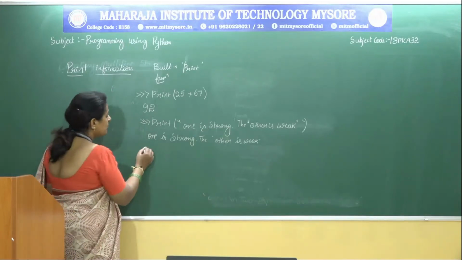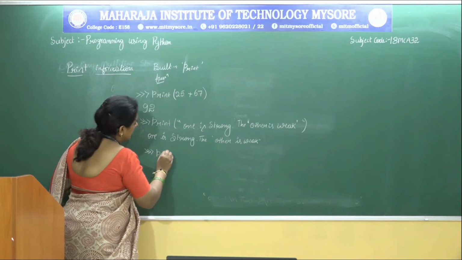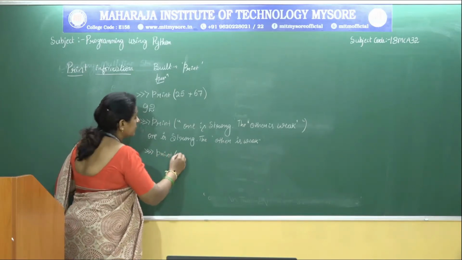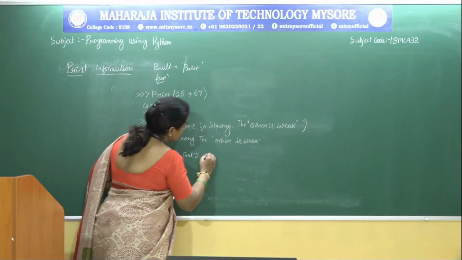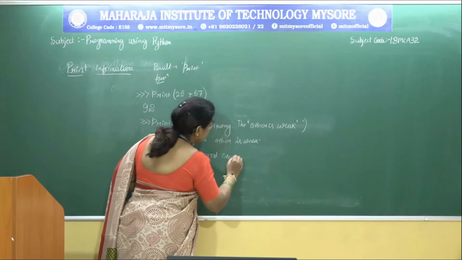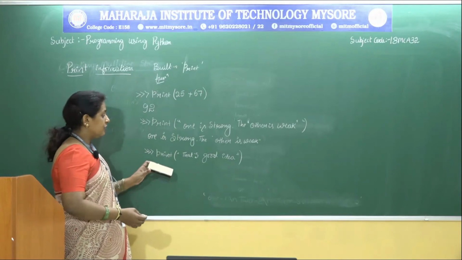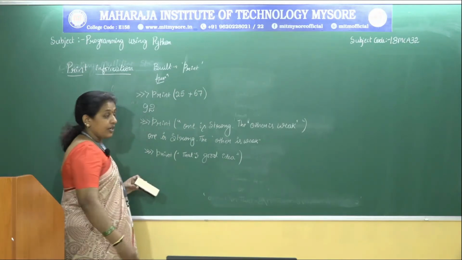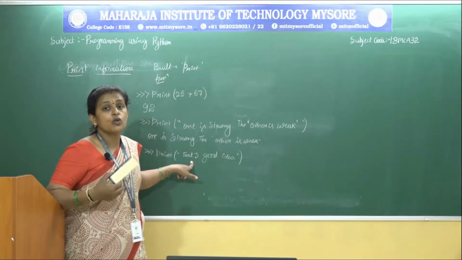So let me give one more example. Print, that's good idea. So here I have used, that's good idea. In the last class, when we were putting in this special character, we performed so many things, right?